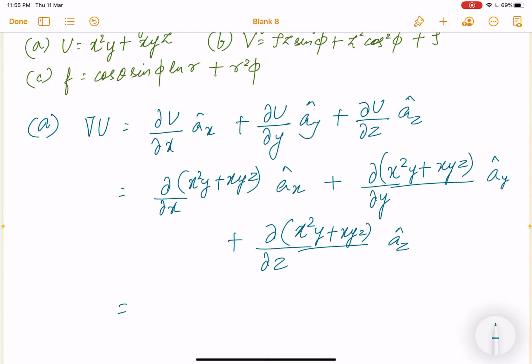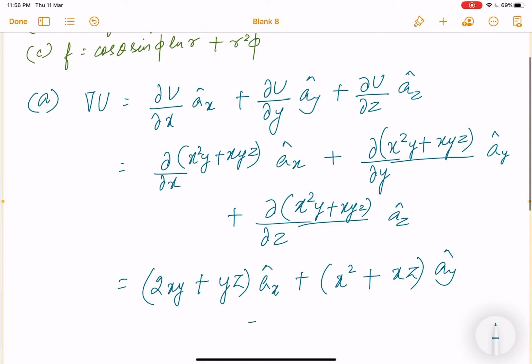This is equal to (2xy + yz) a_x cap. Then for y, y will be differentiated while x and z are constants, so it becomes (x² + xz) a_y cap. Then z will be differentiated, and x and y are constants, so this is xy a_z cap. Okay, so this is what I got.